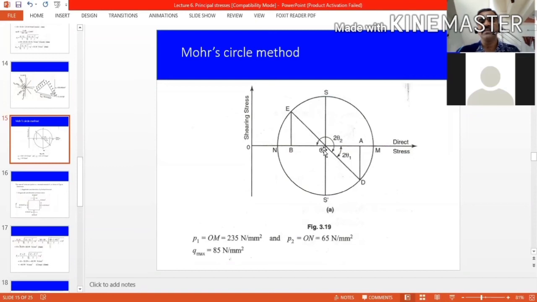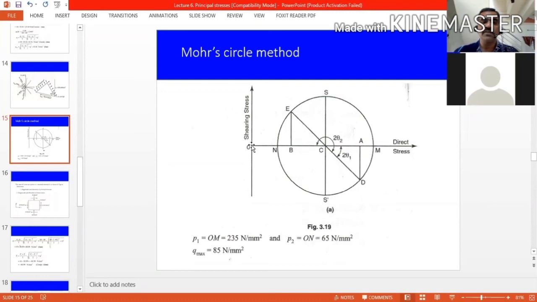This is center point. You take this as a center and C as a radius. You draw a circle. Now you mark this angle. This is 2 theta. If you want theta, you measure the angle divided by 2. That will give theta. And if you want sigma 1, you measure the distance OM, multiply with some scale.